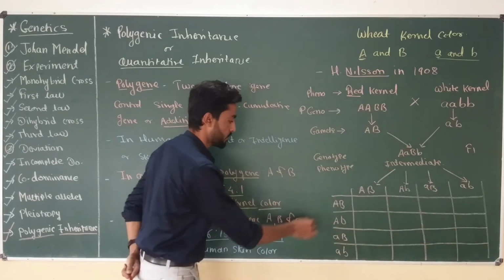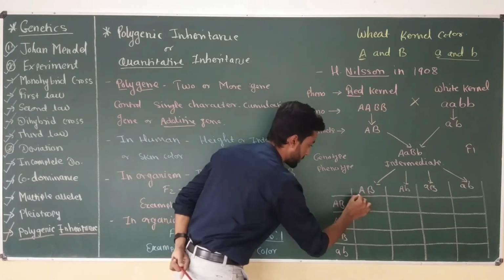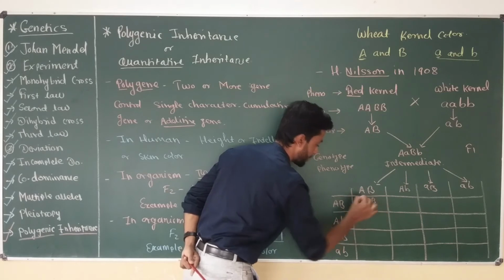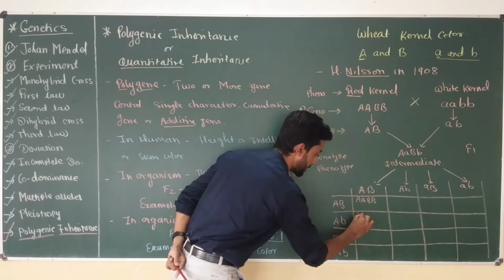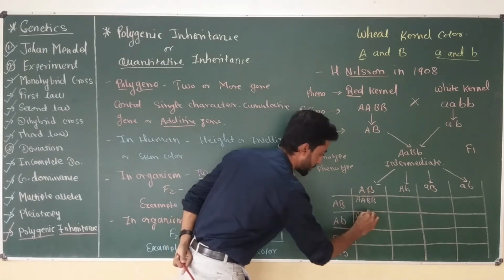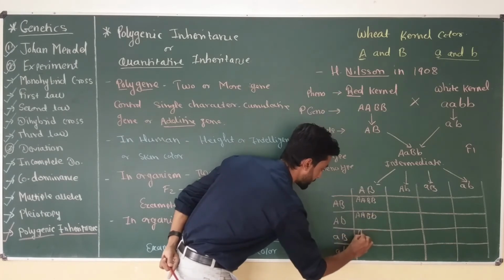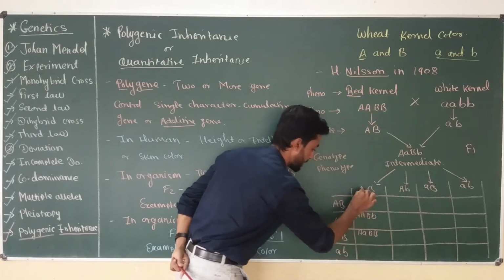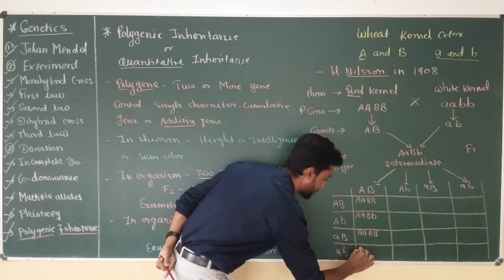Okay, so now here we can make the final genotypes: capital A capital A capital B capital B, then capital A capital A capital B small b, capital A small a capital B capital B, and capital A small a capital B small b.